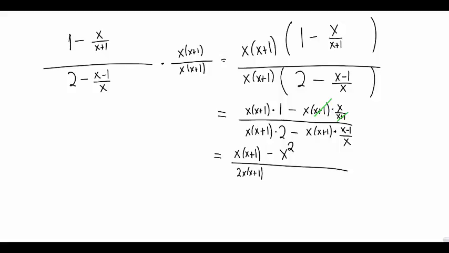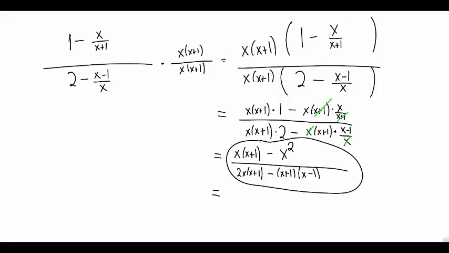On the bottom, the common factors of x cancel, and we're left with x plus 1 times x minus 1. So now we've rewritten it as an ordinary rational expression. At this step, there are no inside rational expressions.